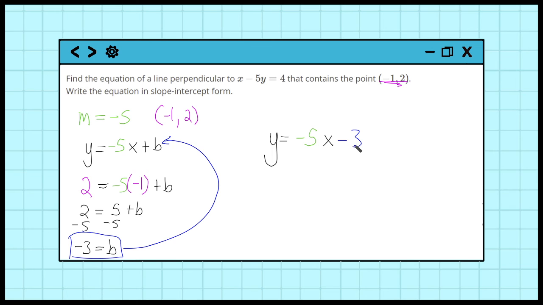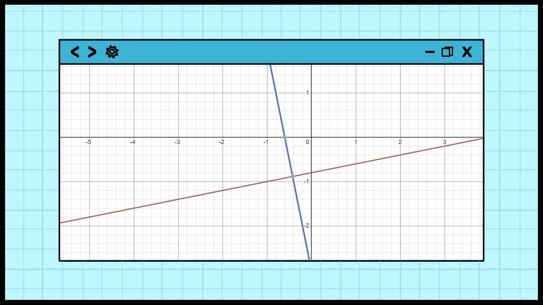If I were to go through the process of graphing the original equation and this new equation, I would see that they are indeed perpendicular to each other. Reminder, perpendicular means that the two lines make a right angle. And I'm actually going to go ahead and just show you what that looks like. So when I graph these, it would look something kind of like this.